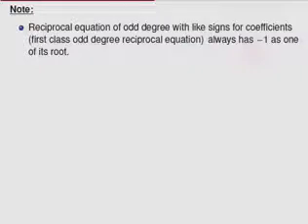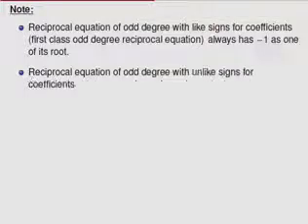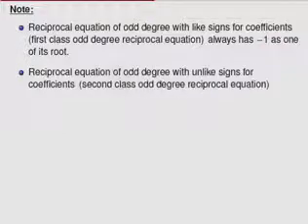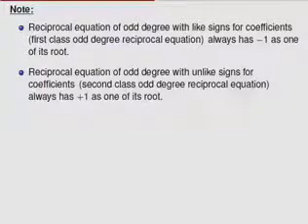You can remember that a reciprocal equation of odd degree with like signs for coefficients always has minus 1 as one of its roots. Similarly, the next one, a reciprocal equation of odd degree with unlike signs for coefficients, the second class odd degree reciprocal equation, always has plus 1 as one of its roots.